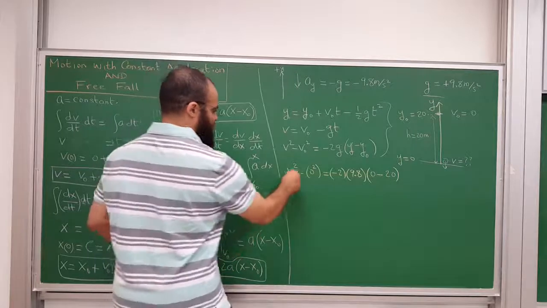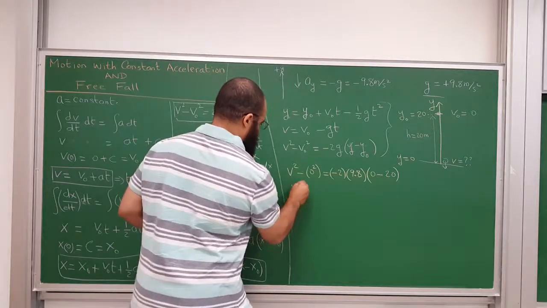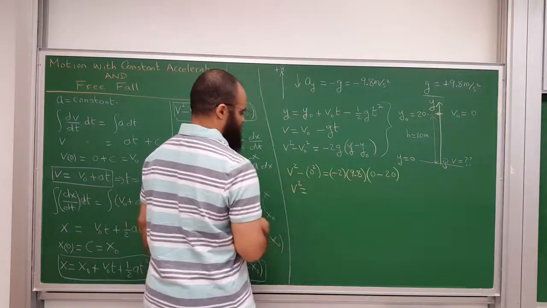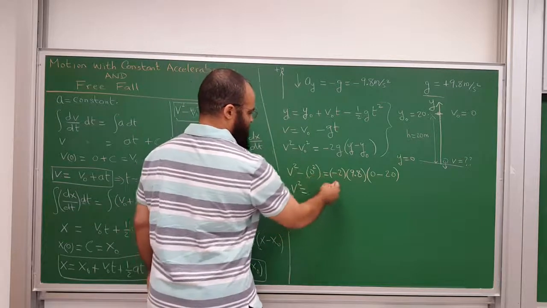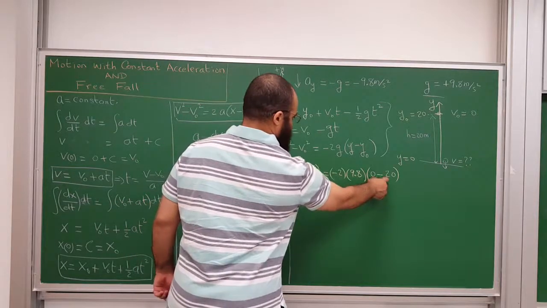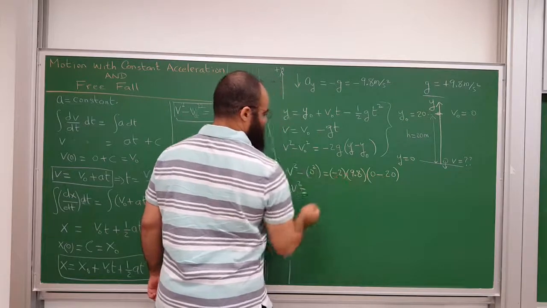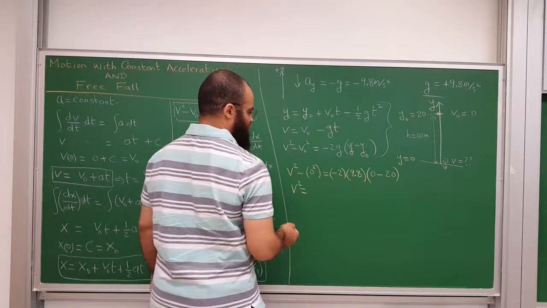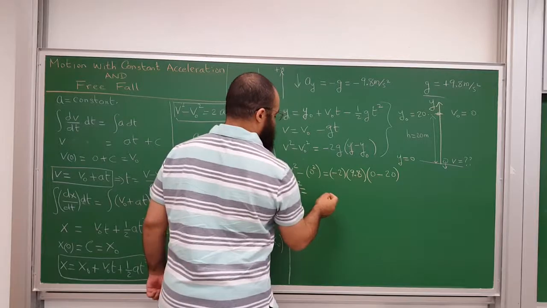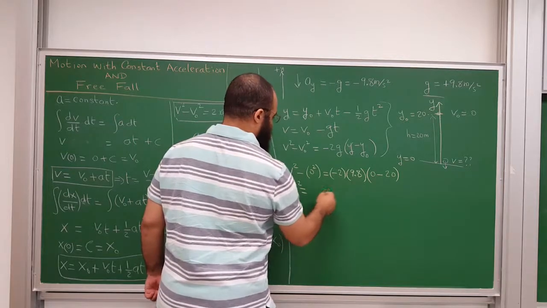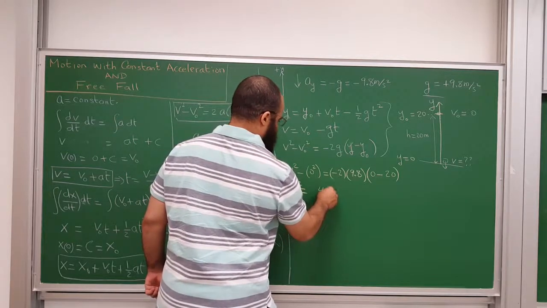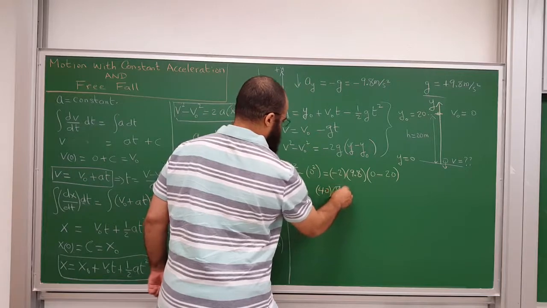So you get v squared equal to negative 20 times negative 2, which is positive 40, and then 40 times 9.8.